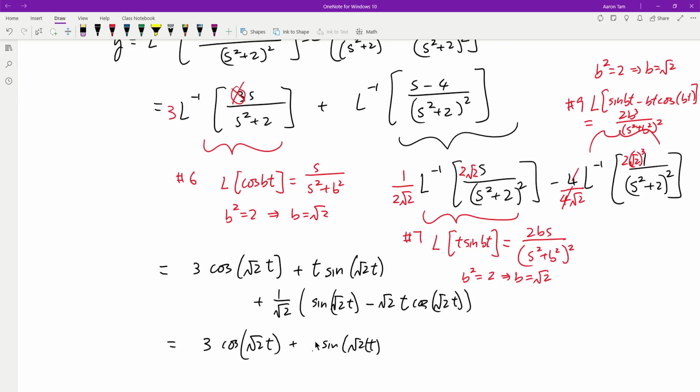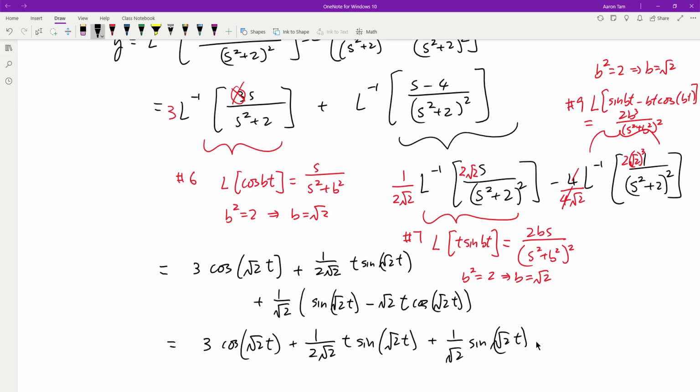Oh wait, no, this one actually has a coefficient in front, which I totally forgot. Let's put that in: 1 over 2 radical 2 t sine radical 2t. And then if I multiply the 1 over radical 2 into both of these, I'll have plus 1 over radical 2 sine radical 2t minus, the radical 2 actually cancels in this case, just t cosine radical 2t. And so that becomes our answer.